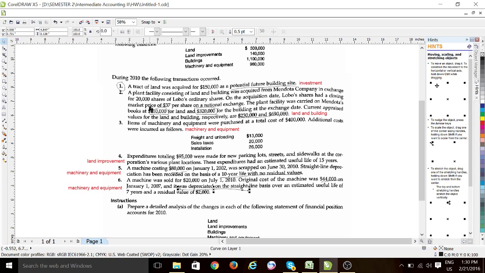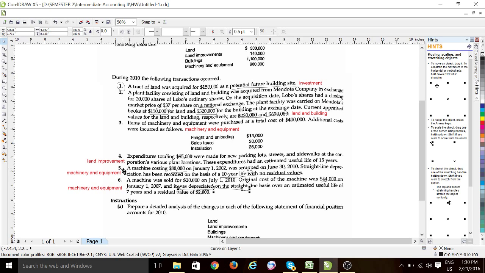And then the second transaction, where we do not use these two values here for the land and building, is because this is not carried on Lobo's books. Instead, it is carried on Mendota's books. So we can just ignore that.